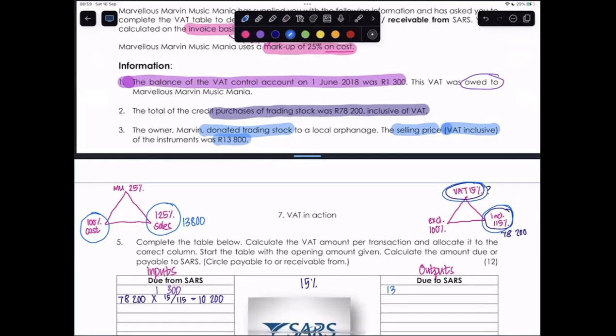So over here, we'll show the 13,800 times we're looking for the cost, 100, over we were given the sales, 125, times we're looking for the VAT amount and we were given the inclusive. And so that's why we would say times 15 over 115. And that will give us 1440 that we would owe to SARS.